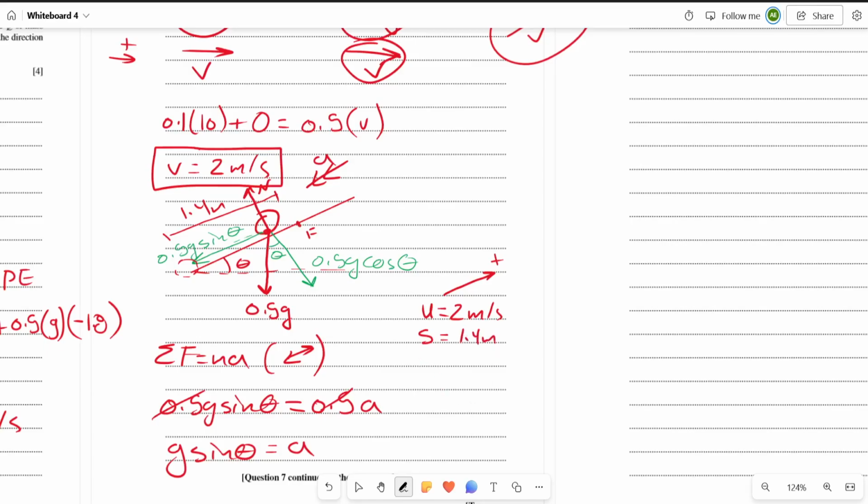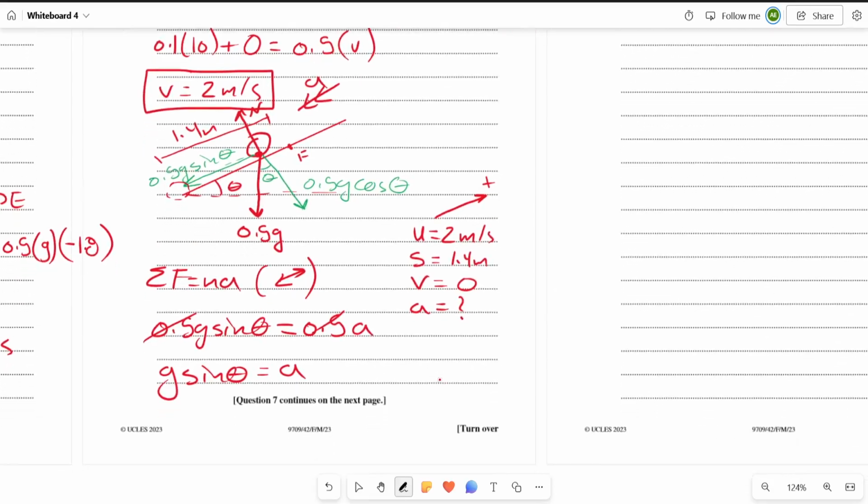Okay, I know that my speed at F is going to equal 0 because it comes to rest, and I want to know the acceleration over here. So I have initial velocity, displacement, final velocity, and I need acceleration. I didn't mention time, so I would like to use the equation that doesn't have time. And again, my course shows you exactly which equation to use in a very systematic and simple way.